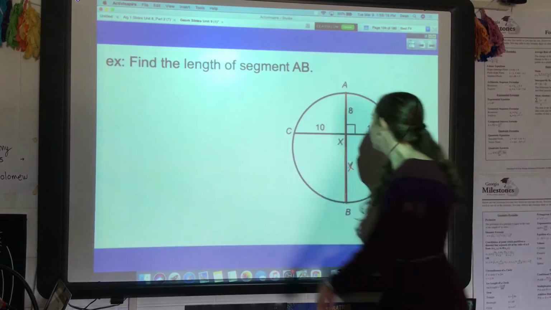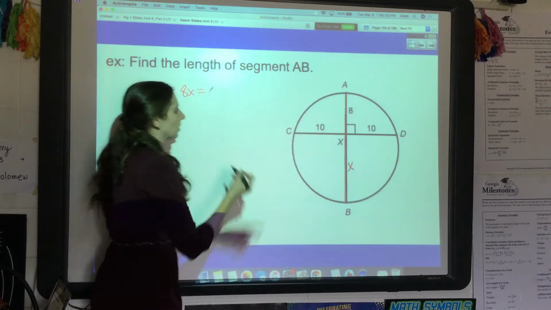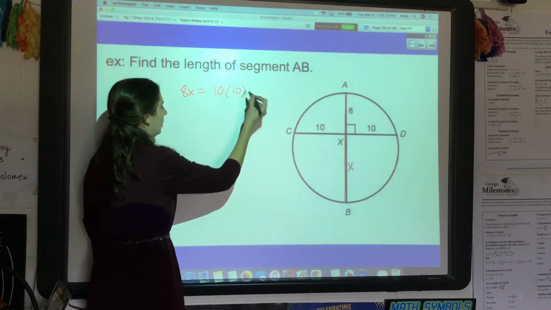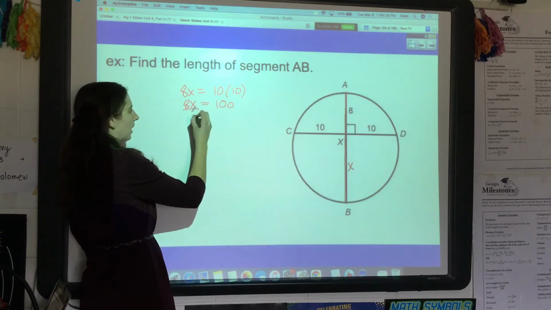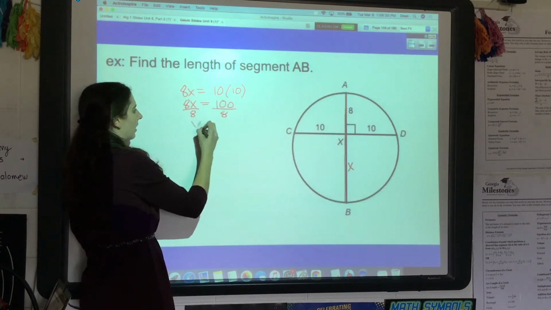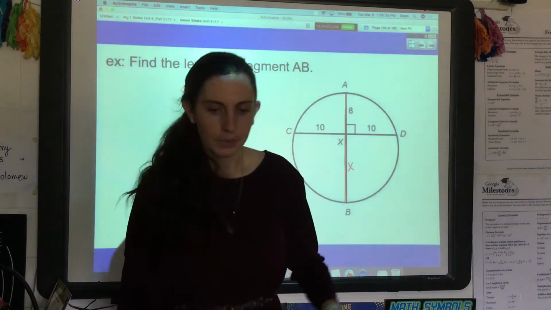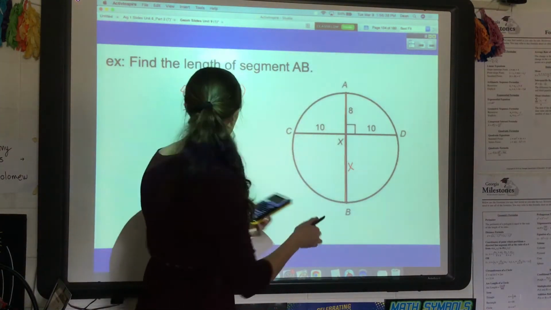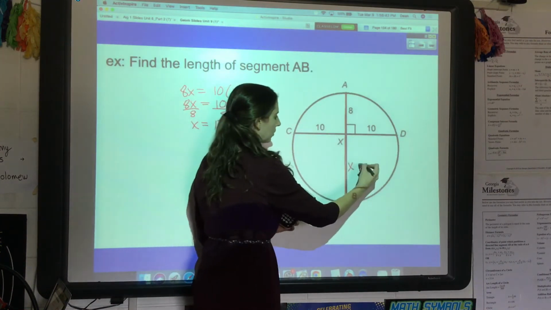And so I know 8 times x equals 10 times 10, which is 100. And so then to solve for x, just divide by 8, and there you have it. What decimal is that? Let me find my calculator. 100 divided by 8 is 12.5. So that's what this length is right here.